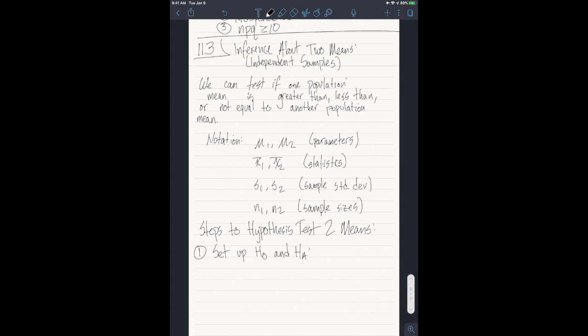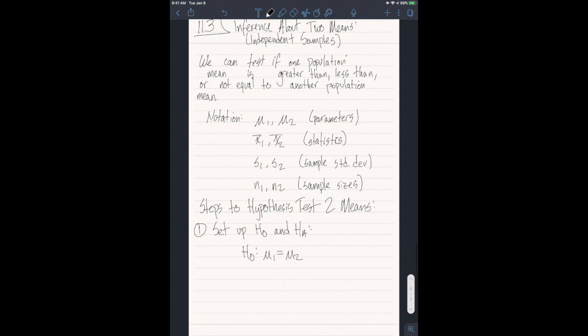Shocker, right? H0 should be set up that the means are equal to one another. That the average man weighs just as much as the average woman weighs. Okay, we probably know that not to be true. How about the average heart rate for a man while resting is equal to the average heart rate of a woman that's resting? I don't know if that's true. I have no idea. I don't have a medical background, but that's my assumption to start out with.